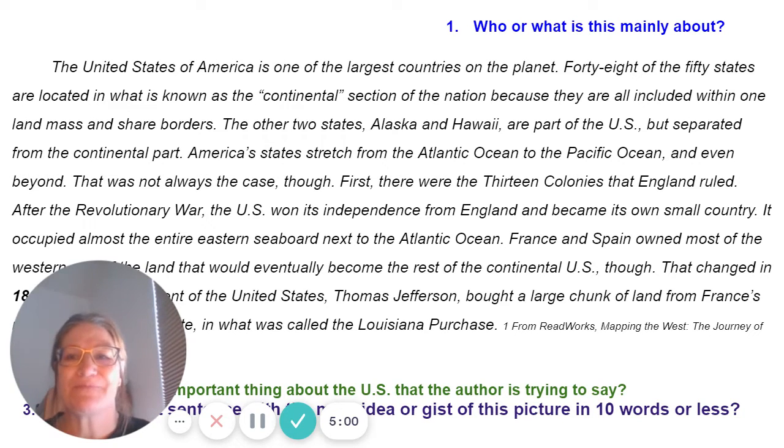Or Thomas Jefferson. All right, and so then you want to figure out, what's the author trying to say about the Louisiana Purchase or the United States here? Are they trying to say that the United States is expanding, or contracting and getting smaller? What is it primarily talking about?